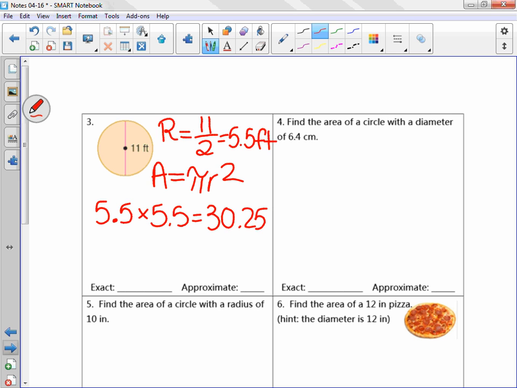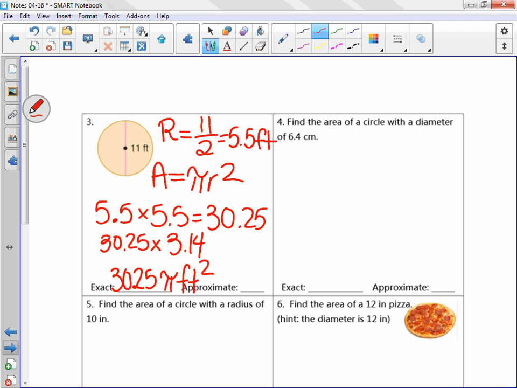That's enough for my exact answer. Area equals the radius squared, which is 30.25, pi feet squared. For the approximation, I just have to take that amount, 30.25, and multiply it by the pi value, 3.14.